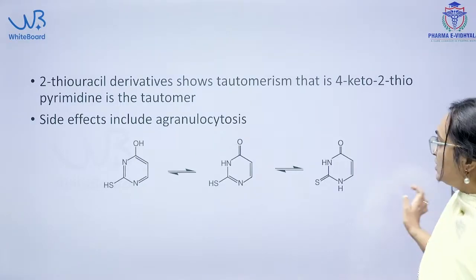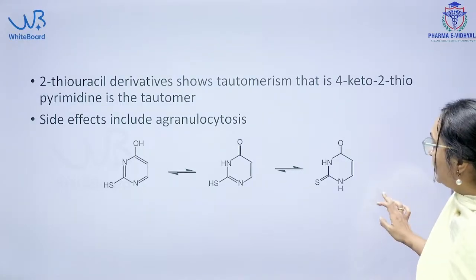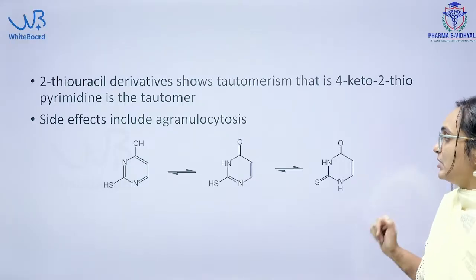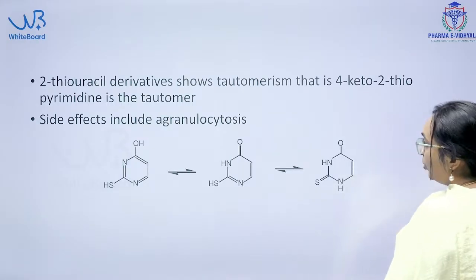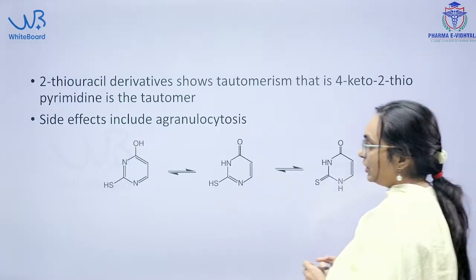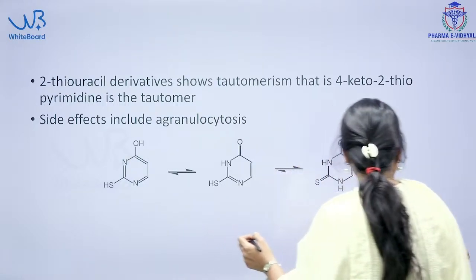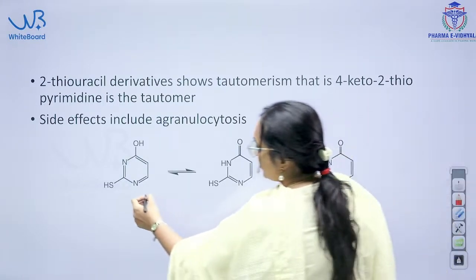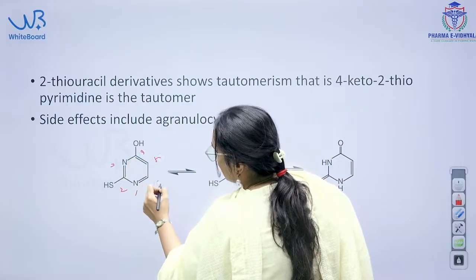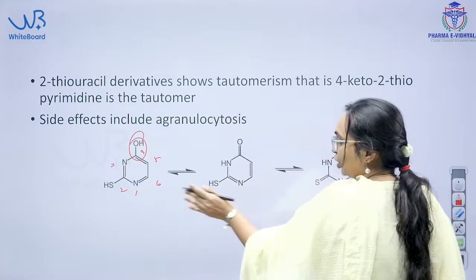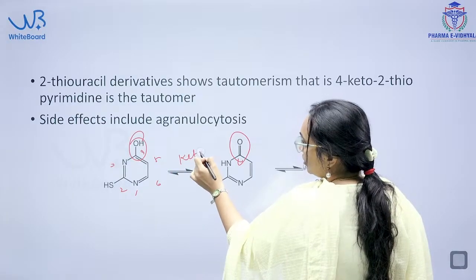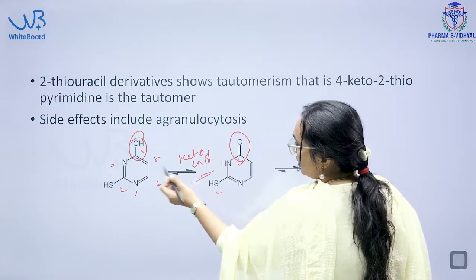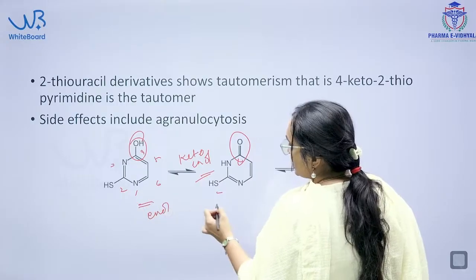Next, 2-thiouracil derivatives show tautomerism. 4-keto 2-thiopyrimidine is the tautomer. The OH group undergoes keto-enol tautomerism. This is the enol form, this is the keto form.